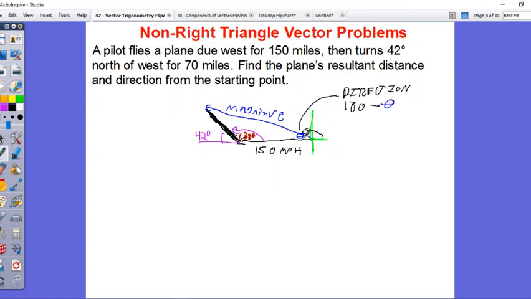Theta is the internal angle of the triangle. So, that being said, we can find our magnitude using the law of cosines because this is a side angle side triangle. So to find the magnitude, we use the law of cosines.